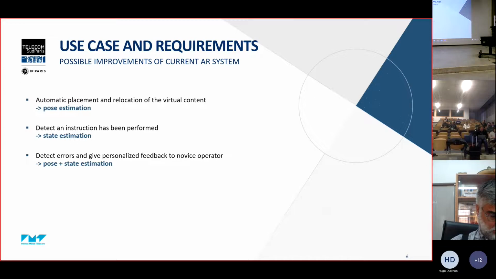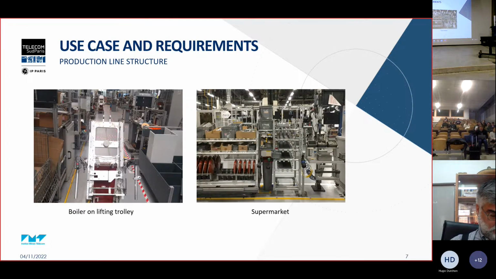Another point is that we would like to detect that an instruction has been performed, to get rid of the repetitive next button action. Overall, detecting errors and providing personalized feedback to every novice worker would be very nice for quality control and training effectiveness.